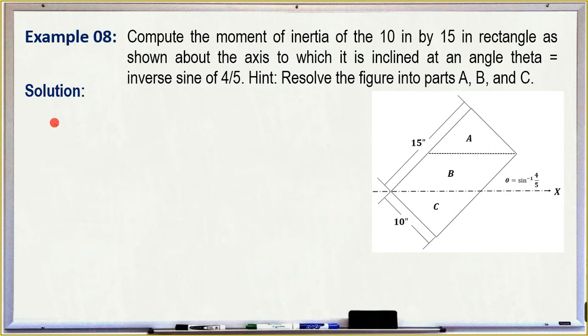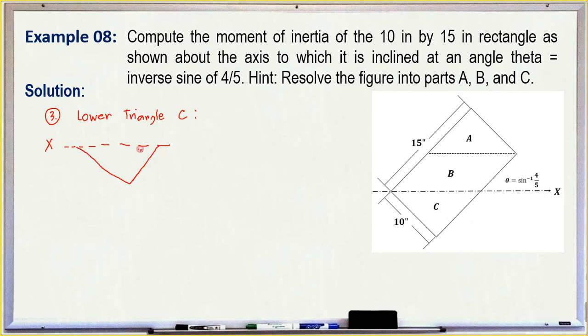So for the last, we have the lower triangle C. For the lower triangle, again, this is our x-axis.